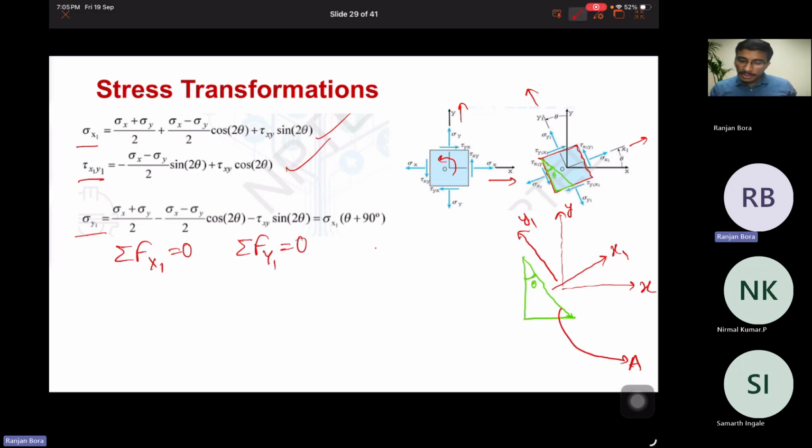For that, we need to find the force component which will act along the x1 direction. You can see this sigma x1 is acting in the x1 direction, and the area is A, so stress multiplied by area gives the force.